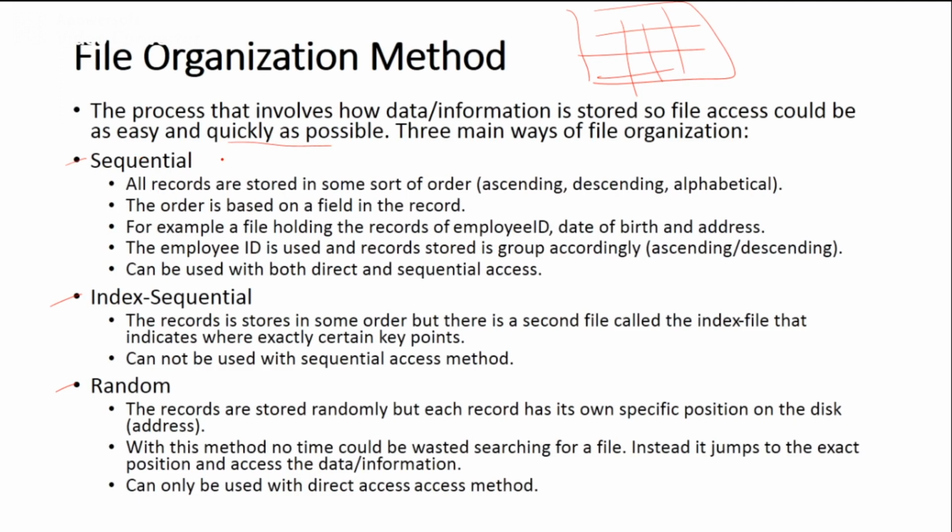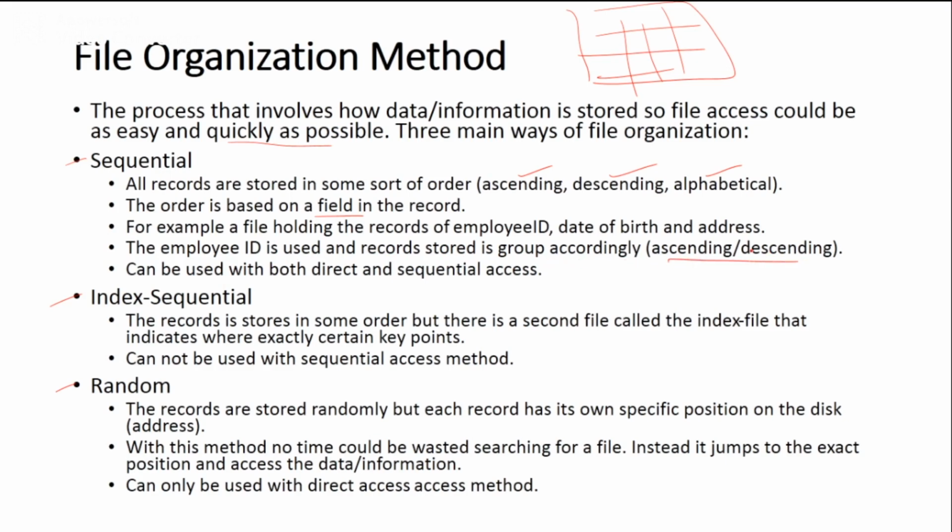In sequential organization, all records are stored in some sort of order. It might be ascending, descending, or alphabetical. The order is based on a field in the record. For example, a file holding the records employee ID, date of birth and address. The employee ID is used and records are grouped accordingly.